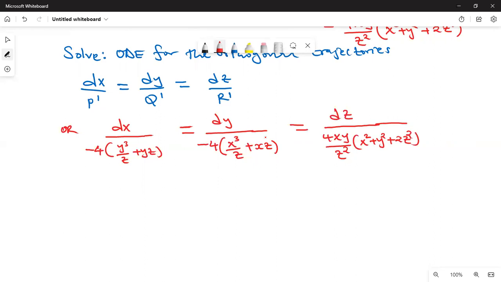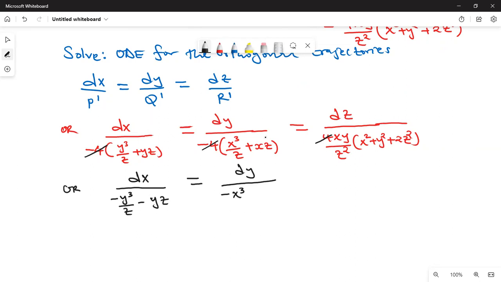So we need to solve this equation. Now we can simplify. Look at -4. This cancels with that, so let's simply cancel the 4 and return the negatives. So this can as well be written as dx over (-y cubed divided by z, then minus yz), which should be equal to dy over (-x cubed over z minus xz).